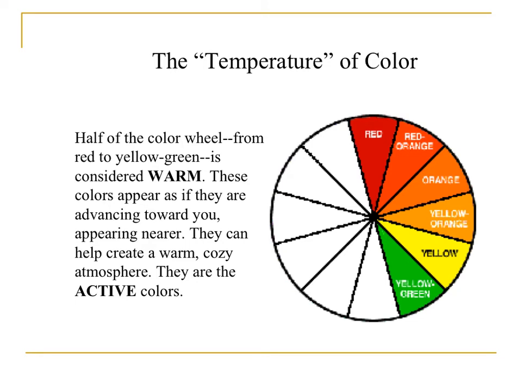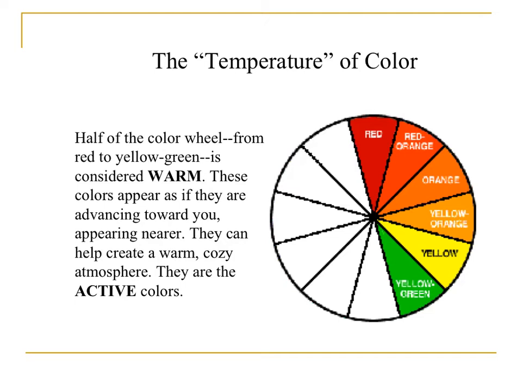So one of the first things we're going to talk about when we use the color wheel is the temperature of color. I'm going to ask you to discuss the attributes of color in your brochure, in your magazine, and in your infographic or web page. And one of the things you're going to want to discuss is the temperature of color.